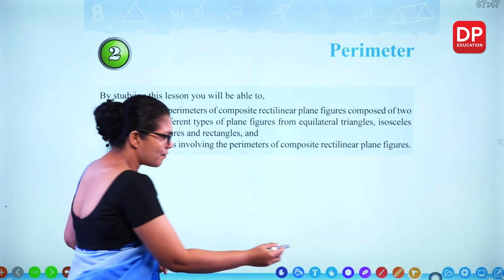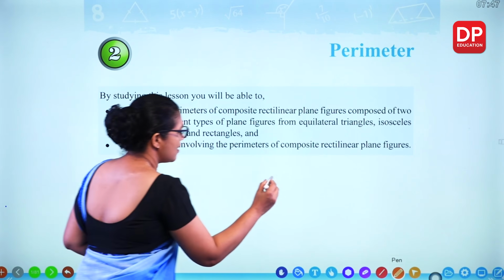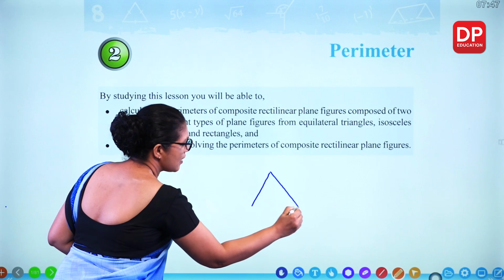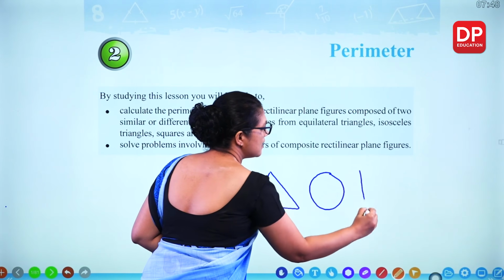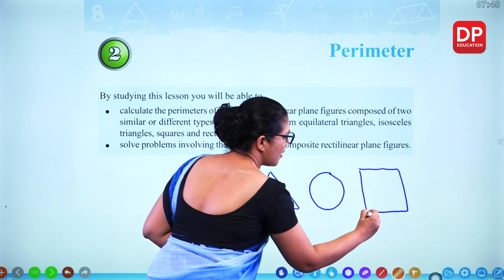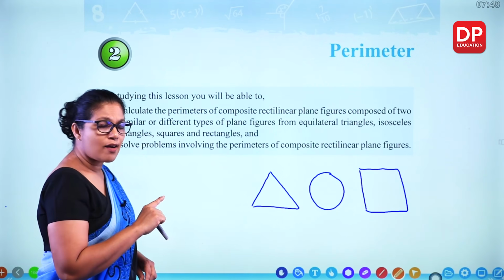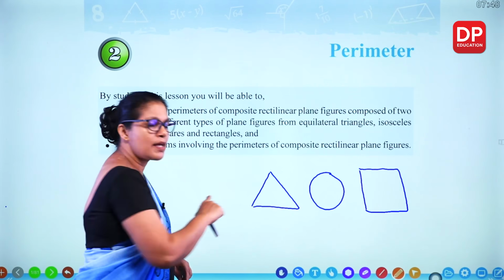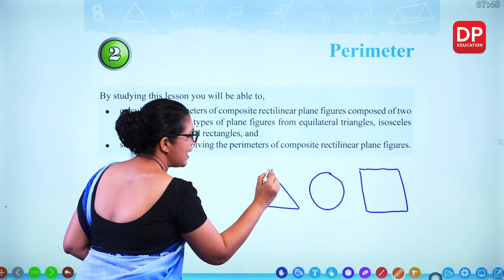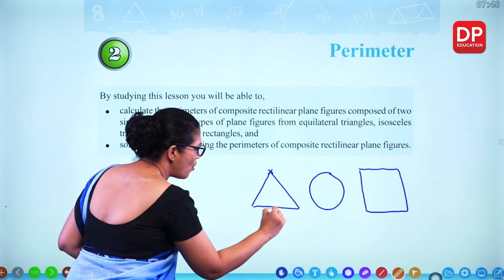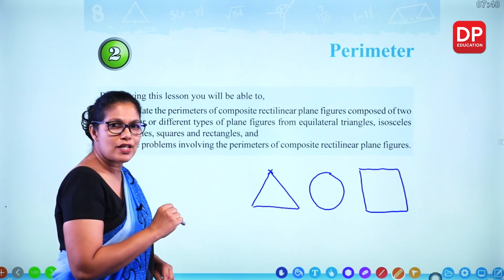So we'll take figures like this. What's this one? A triangle, circle, a square. So these are called closed plane figures. When you take one place, you can go round and come to the same position.